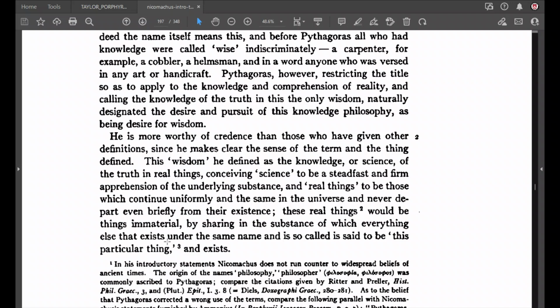They're actually the opposite. The idea of man, Pythagoras says, that's what's real. It never changes. It exists forever. But the body of a man, that's not real. It changes. It dies. That's not real. But the essence of a man, that's what's real. And that's what wise men study.